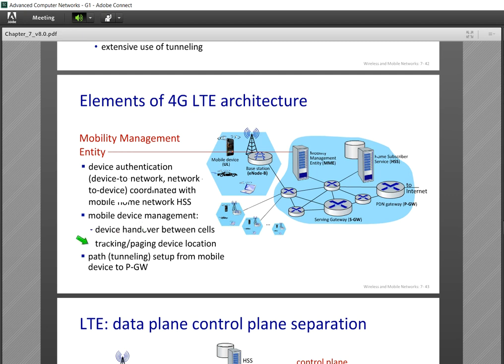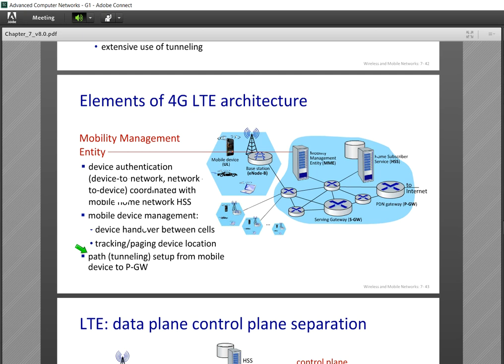So we should track that mobile device, and when there is a call, we should page for the device location to find it, and finally we should create a path, a tunnel, between the caller and me.